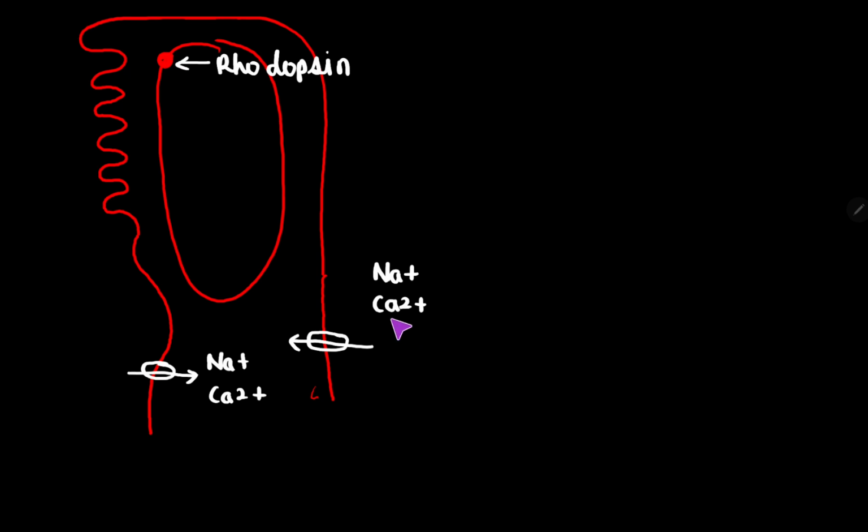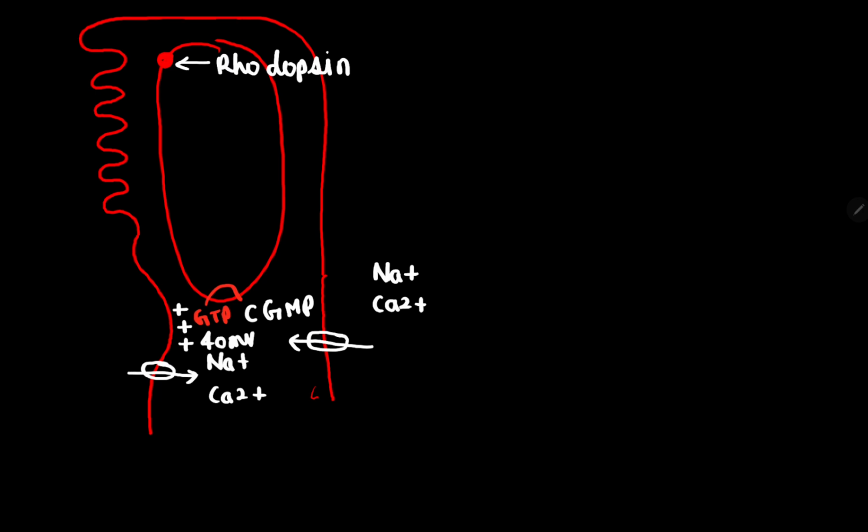The sodium ions and calcium ions will continuously enter inside the cell, and it will maintain an internal charge of plus 40 millivolts. For the action of this pump, one secondary messenger is required, called cyclic guanosine monophosphate. This cyclic GMP is synthesized from GTP.